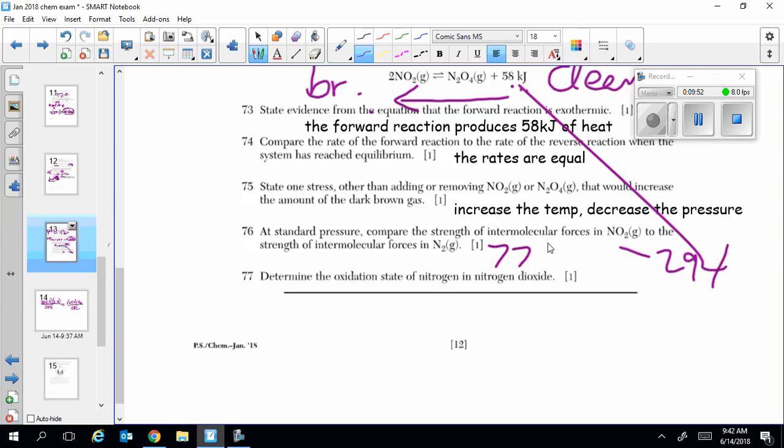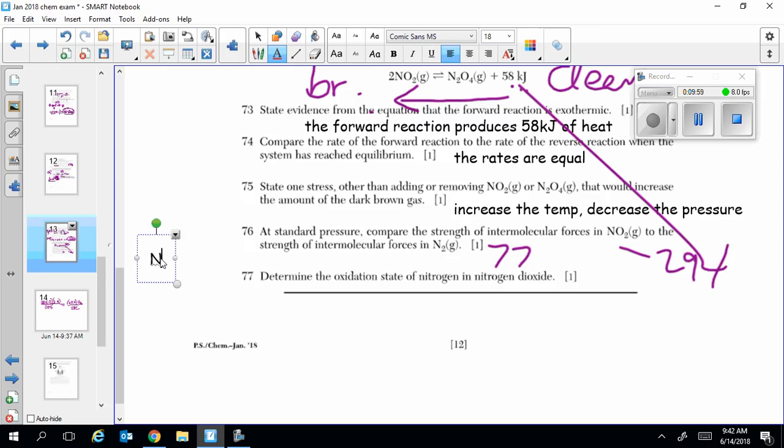So to compare the strength of intermolecular forces, I would write that NO2 has stronger intermolecular forces, I would write that out on the test, than N2. And so because it has a higher boiling point, I know it has stronger intermolecular forces.